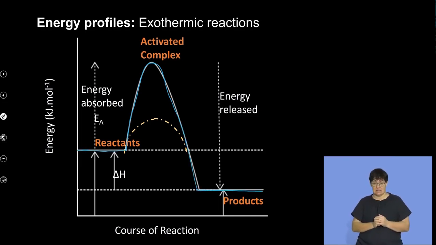So if we introduce a catalyst, now this is the activated complex. Obviously, in the uncatalyzed reaction, there is a greater amount of activation energy. But if we introduce a catalyst, the energy of the activated complex is comparatively lower. But realize that the catalyst does not affect the energy of the reactants or the products. That's very, very important, right?